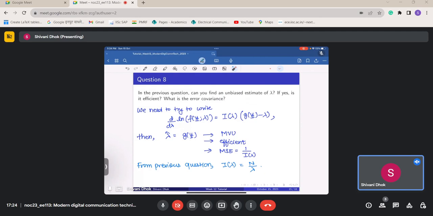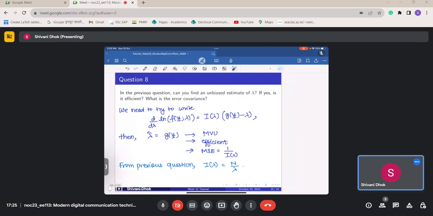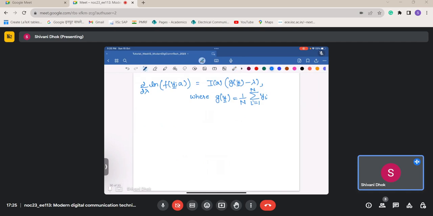So by definition, from this Cramer Rao bound theorem, your lambda hat will be equal to g of y. So therefore lambda hat is equal to 1 by n summation i equal to 1 to capital N y_i.